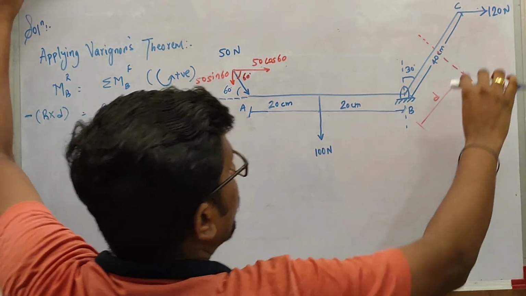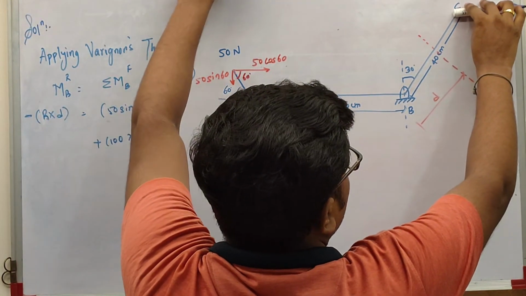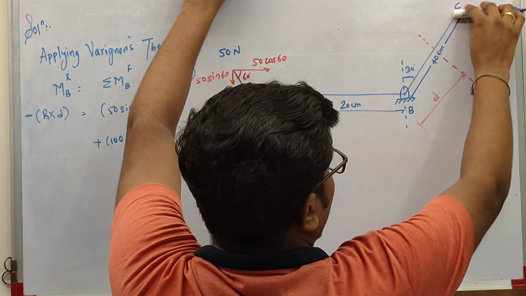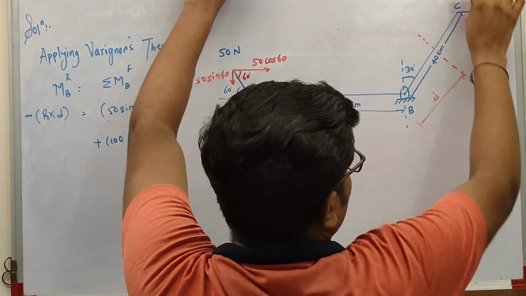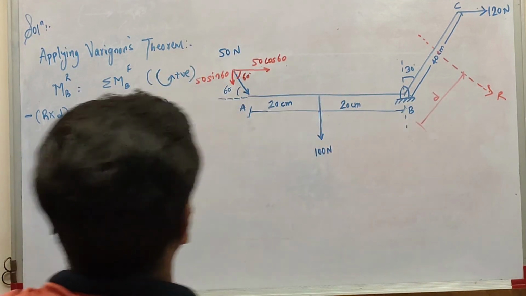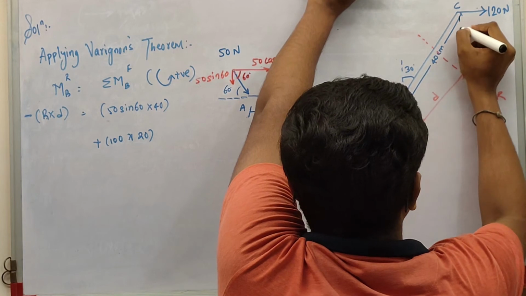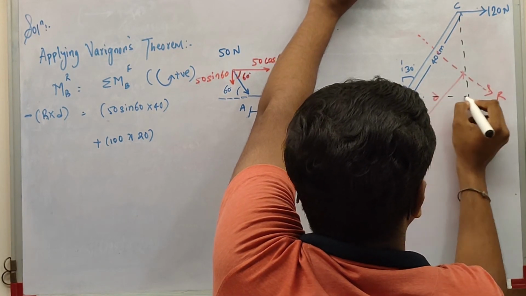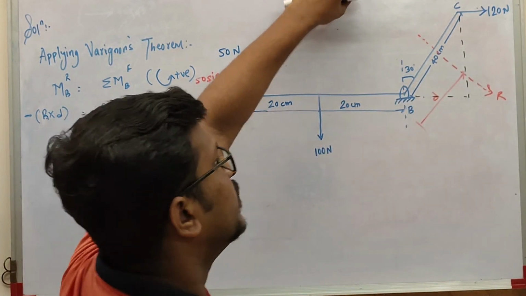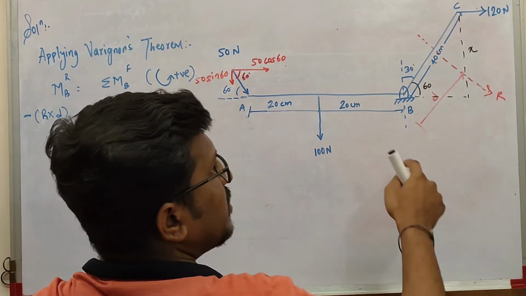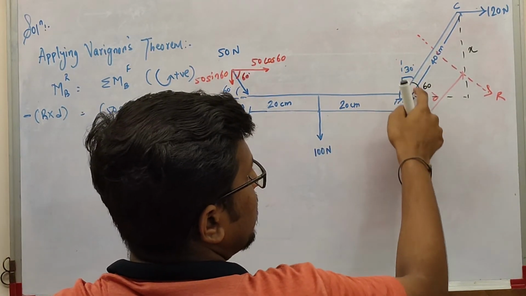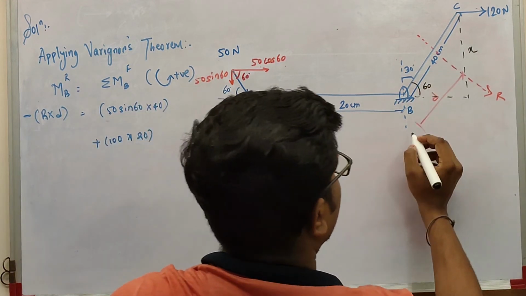Now the 120 kilonewton force is horizontal, but the perpendicular distance is not given, so you need to find it. How will we find it? Just look here, this is one of the simplest geometries we'll be using. We'll draw construction lines, a right angle triangle. It is forming an L, which means it is 90 degrees, so this is 30 and the remaining is 60. How do we get the value of x?